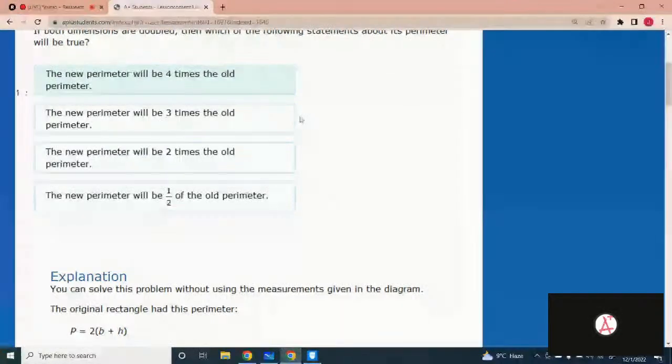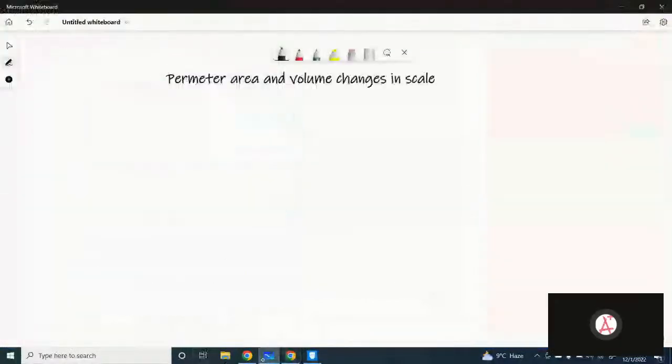So actually, this is the height and this is the width, or you can say the breadth. So the perimeter for the rectangle is 2 times width plus height.